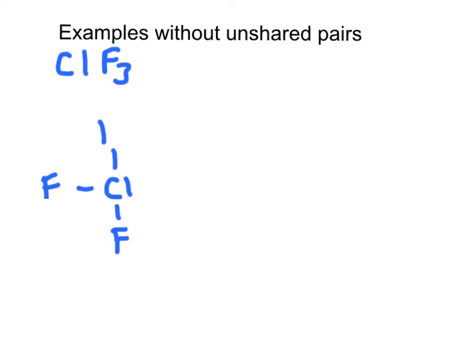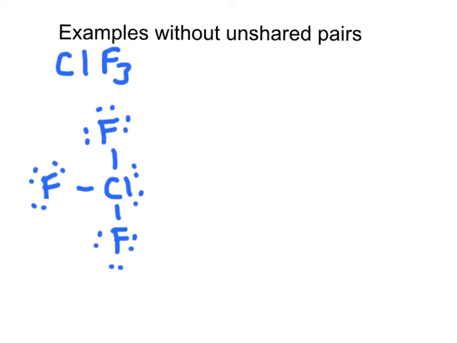And now let's get on to the next example, which is chlorine trifluoride, or ClF3. This molecule has chlorine in the center. It's attached to the 3 fluorines, and then there winds up being 2 unshared pairs on the central atom. Let's not forget to put in all of our dots around the fluorine.